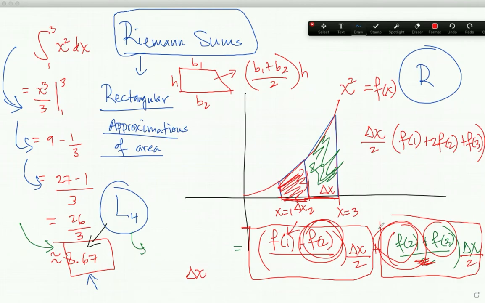The first x value is used only once. The last x value is used only once. Every x value in between, when you plug it into f, is used repeatedly, so it'll be doubled. And once you compute all of that, you multiply all of it in front by the change in x divided by 2.